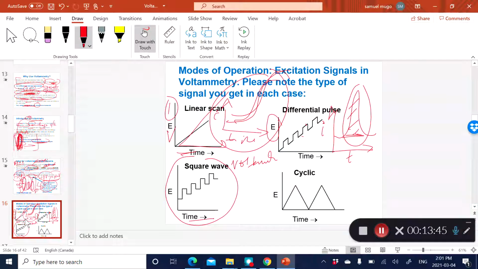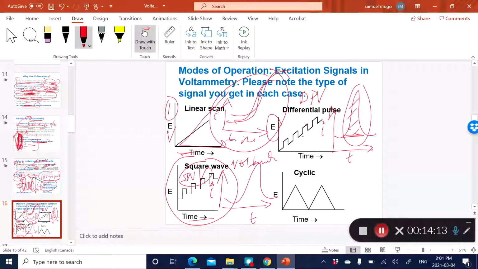And you're going to see again the signal profile that you get looks very similar to the differential pulse photometry. So you're going to see people calling differential pulse photometry DPV, and square wave photometry SWV, which is a very common acronym for that.